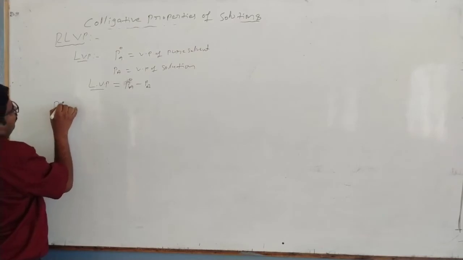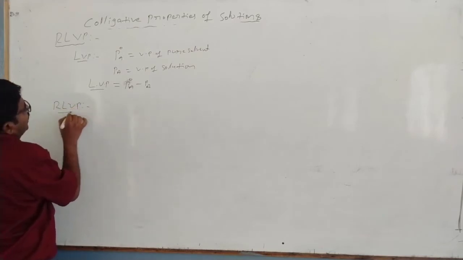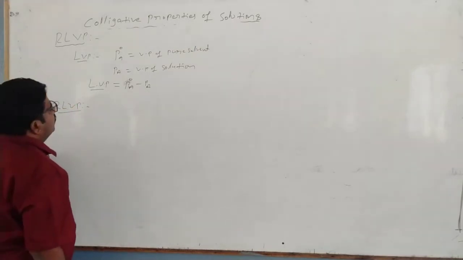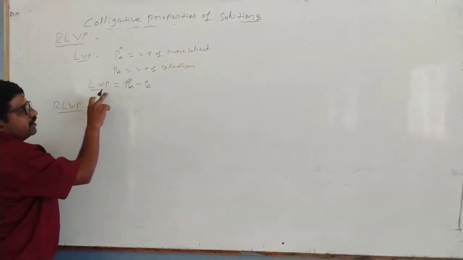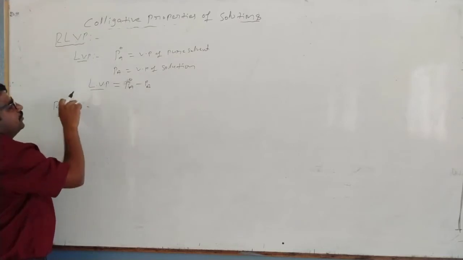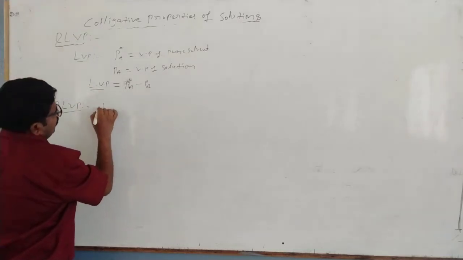Now RLVP. So RLVP means what? The ratio of lowering of vapor pressure to the vapor pressure of the pure solvent.